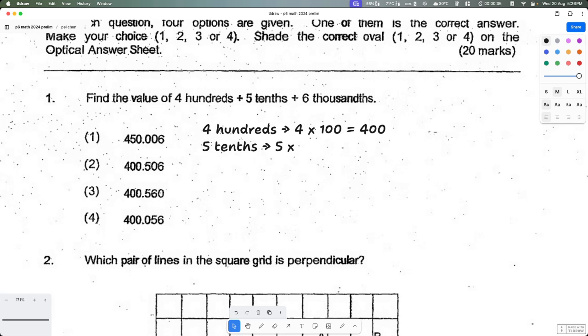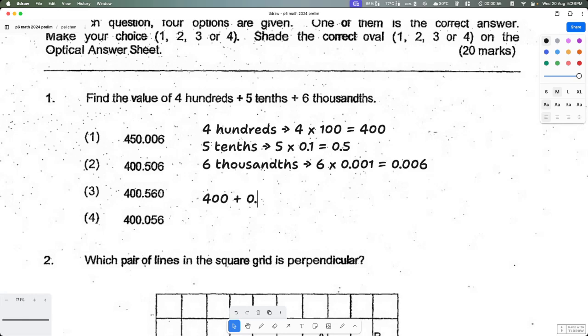Tenths is not 0.01, it's 0.1. And then lastly, 6 thousandths is equal to 6 times 0.001, which is 0.006.